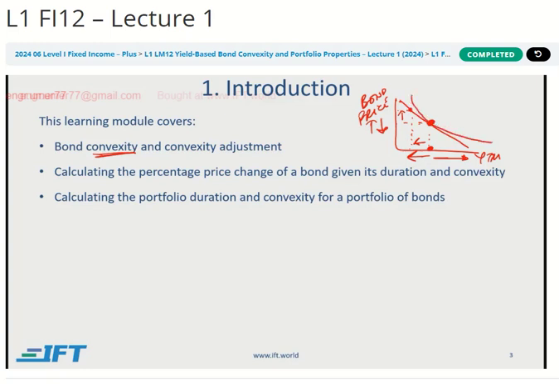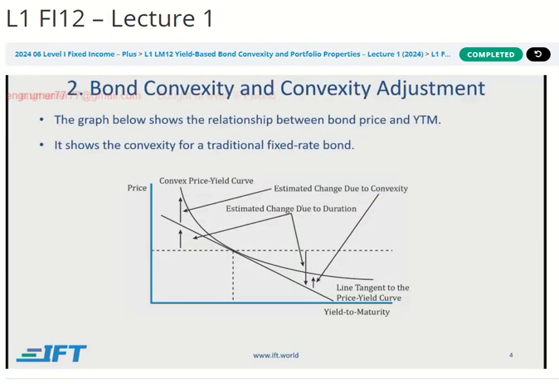So we need to make an estimate of the convexity adjustment, that is, how much would it go up if it were to go up, and how much would it come down if it were to come down. So that is the convexity adjustment. We will then apply it to calculate the percentage change given a bond's duration and convexity. And then finally, we will talk about if we had a portfolio of bonds, how do we add up their respective duration and convexity for the entire portfolio.